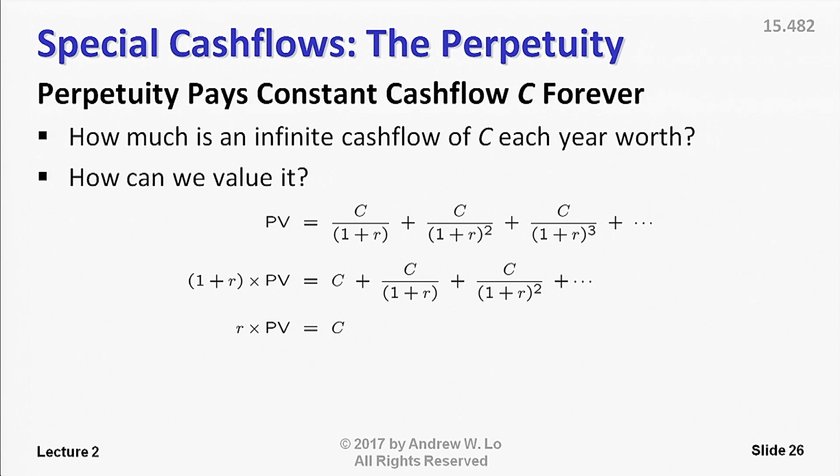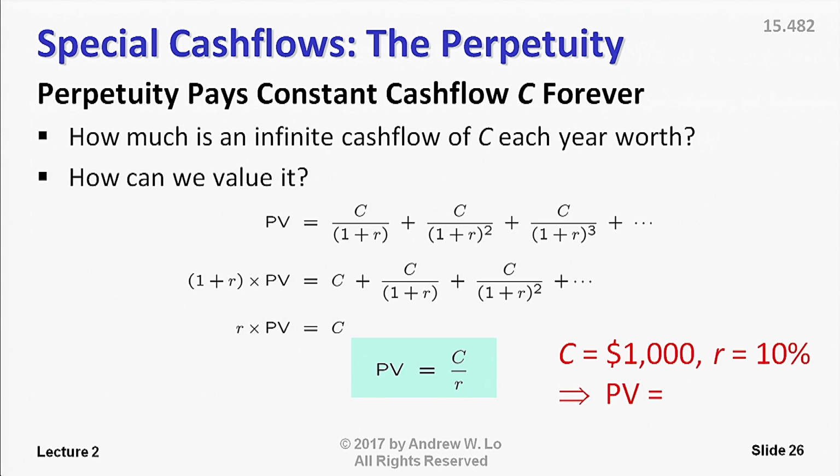Using some simple algebra, we can actually calculate the fact that the present value of a perpetuity that pays, starting next year, C dollars every year, C, C, C, C, C, out to infinity, has a very finite value. It's worth C divided by the interest rate.